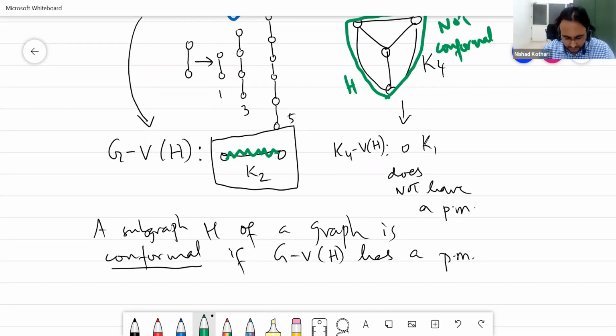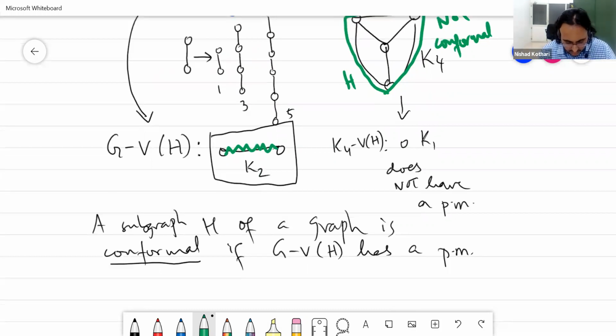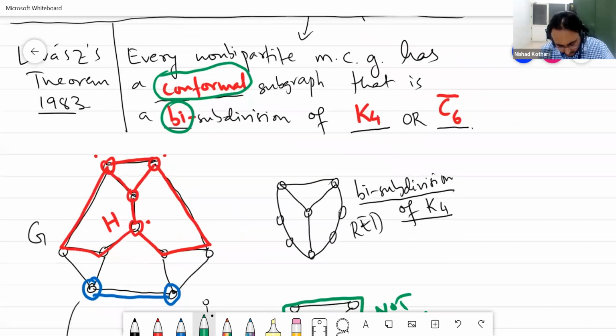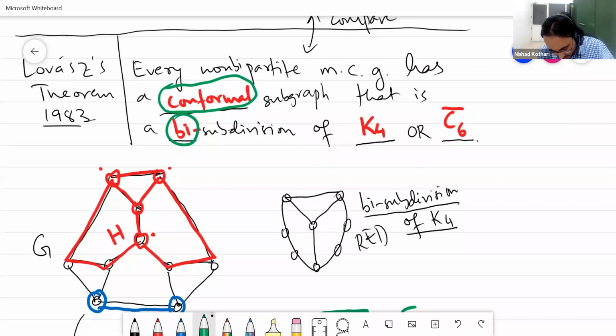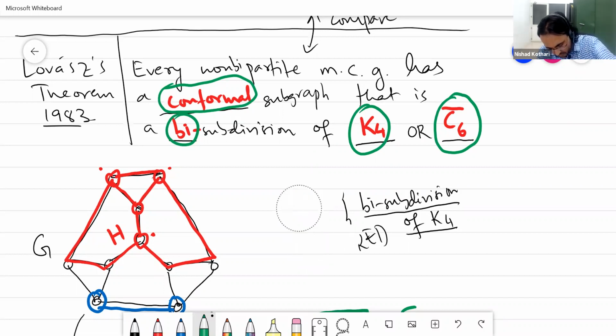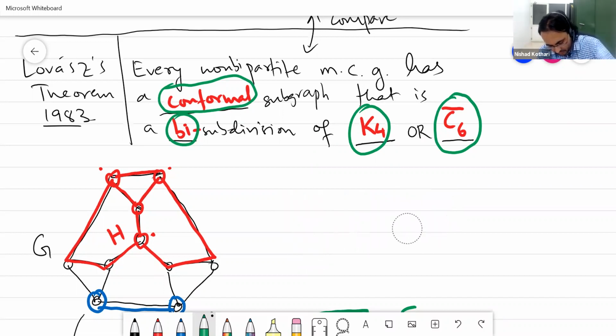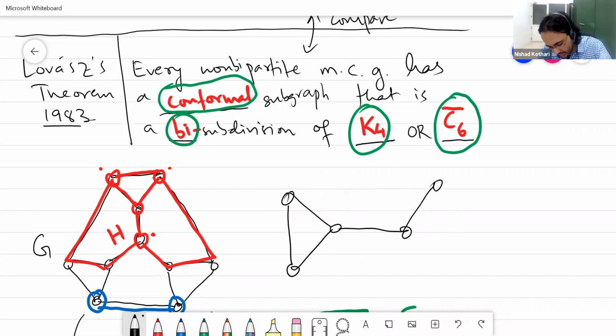Okay, good. So let us see what we have left to define. Well, we already know what K4 is. We have talked about K4 a lot by now. What is this guy? This guy is the following graph. Let me erase some things. This graph here plays a very important role in matching theory, just like K4 and the Petersen graph.